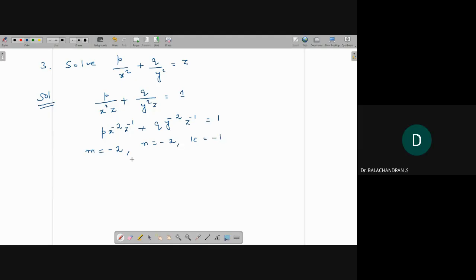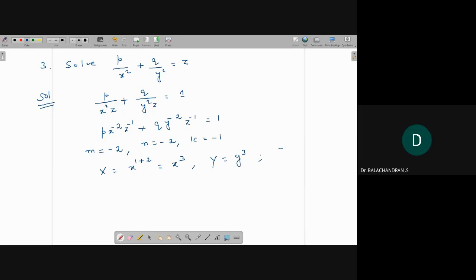So now, if m is minus 2, what is capital X? X power 1 minus m, that is x power 3. Capital Y is y cube, and capital Z is log z.